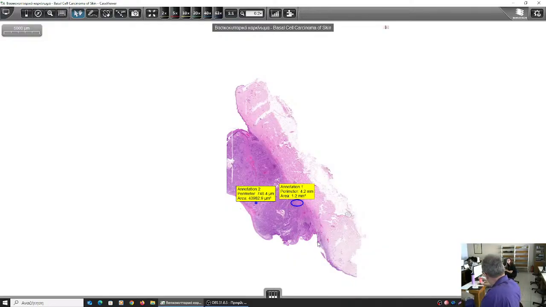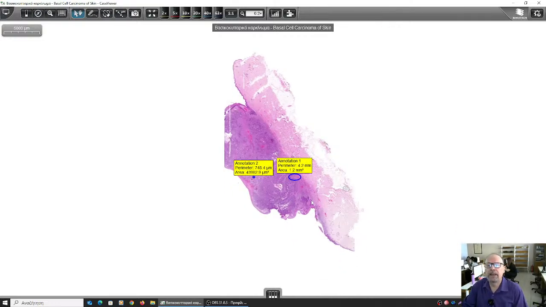So anything that appears to grow in an exophytic way is not necessarily benign. We have to check what's happening in its stroma, in the connective tissue within this neoplasm. Because if we look at this lesion on a small magnification, it seems to be exophytic, so it may be benign.